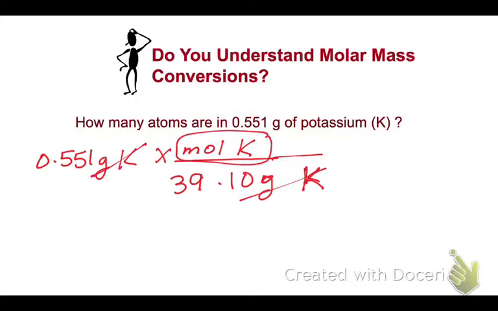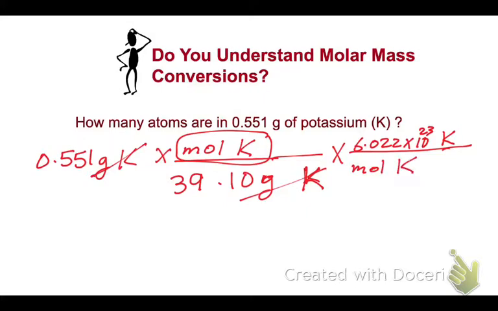If I have moles, can I take them to number of atoms? Of course, by using Avogadro's number. I will say there are 6.022 times 10 to the power 23 potassium atoms for every 1 mole of potassium.